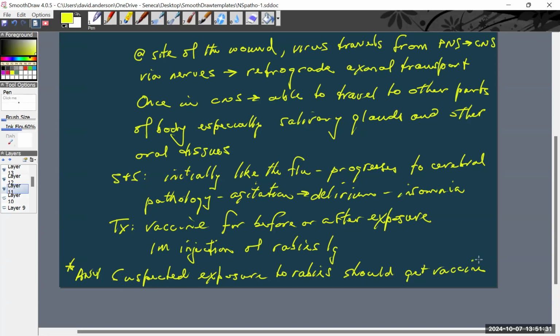There are no contraindications. In other words, any kind of a side effect is extremely unlikely, virtually zero, and rabies is typically fatal. So the idea is get the vaccine.